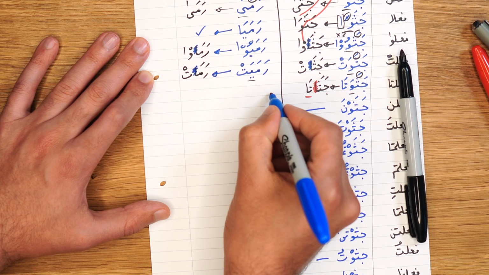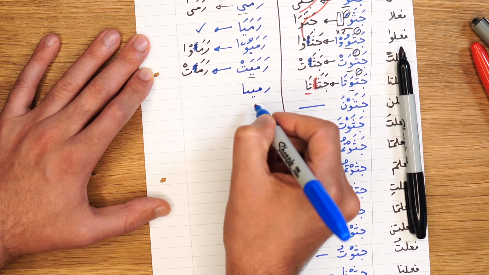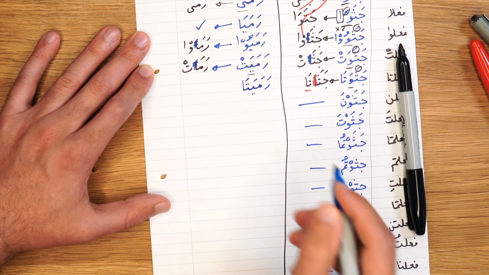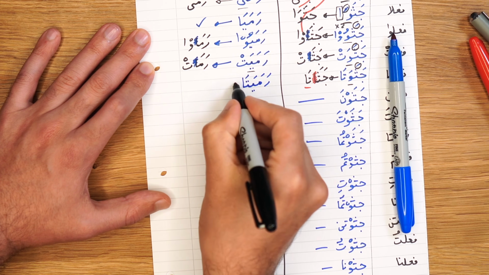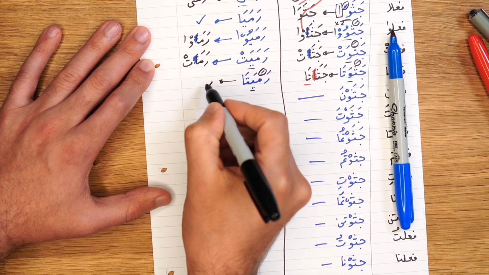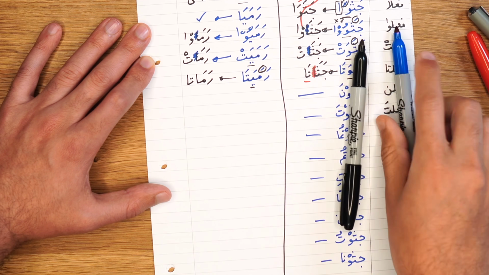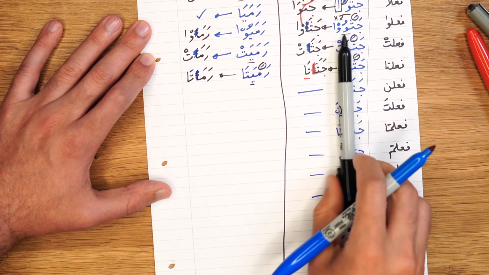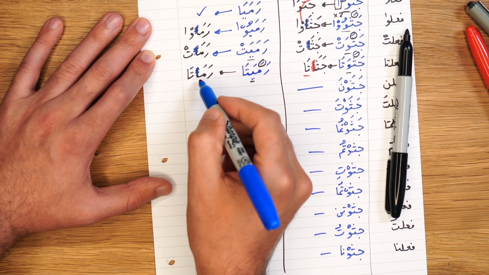And then finally you've got ramayata. So you've got the ya there, and the ya has been preceded by a fatha, so ramata. Actually you have to get rid of this alif because it appears before a ta of the feminine. So: rama, ramaya, ramau, ramat, ramata.